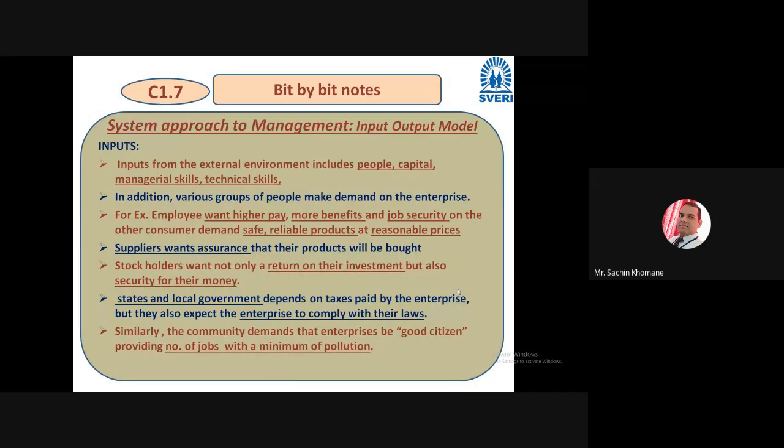Yes, anybody? I have told so many inputs, but let me see from your side; from my side, I have told all the inputs. Anybody want to contribute? Hints I have given: from the customer side input, from the supplier side input, from the society side input, government side input, employee side input, right?